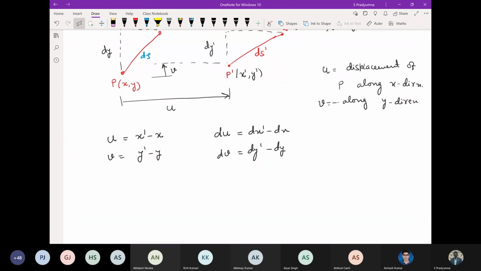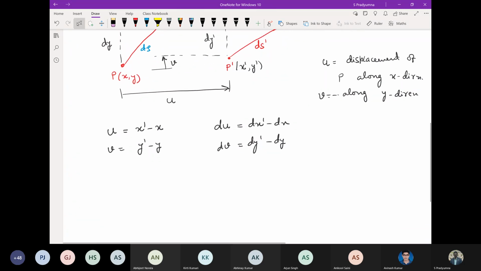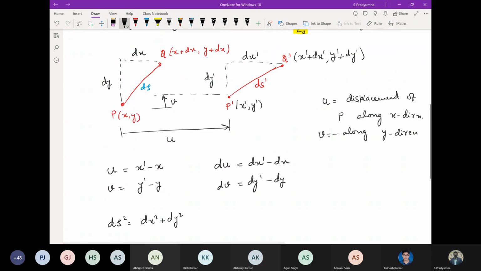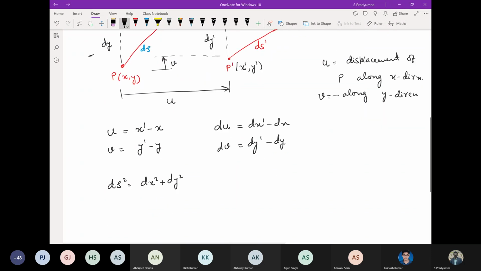From dx and dy I can say that ds square is equal to dx square plus dy square, and similarly ds dash square is equal to dx dash square plus dy dash square.